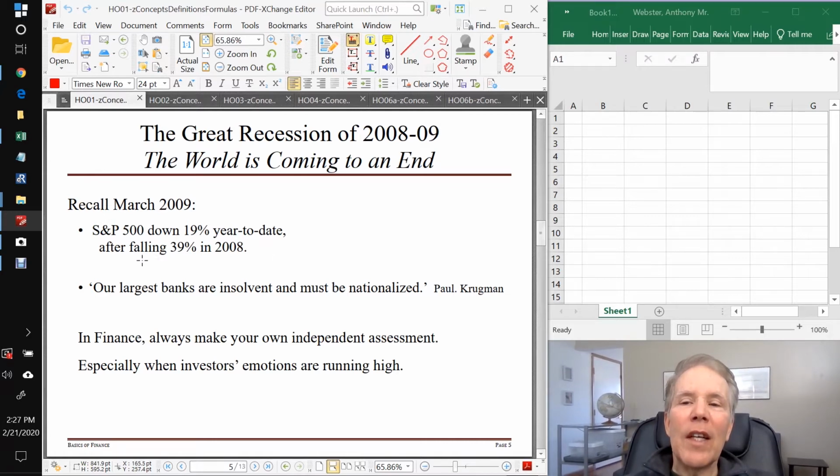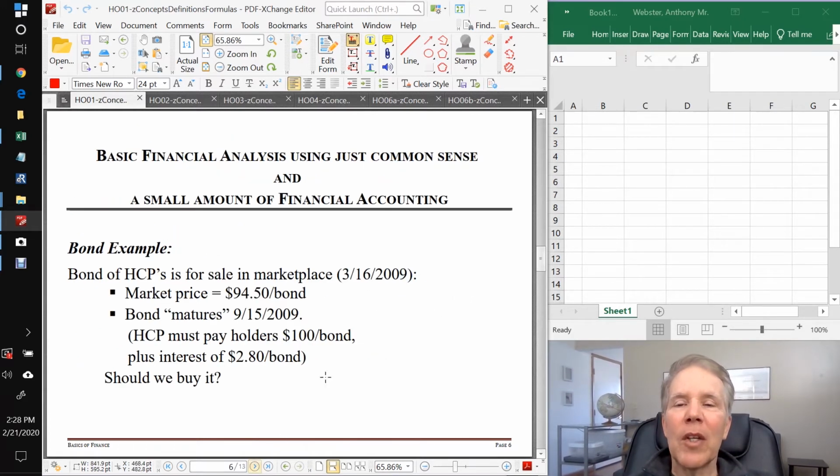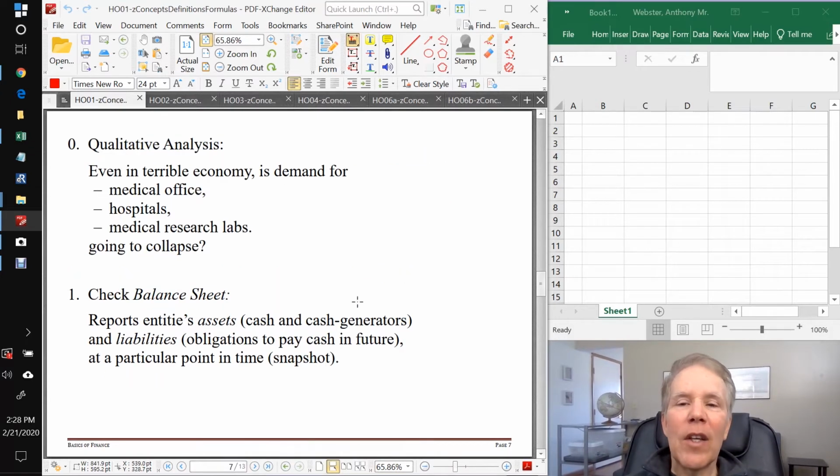In 2008, the stock market, represented by the S&P 500, fell about 40%, and then another 20% through the middle of March. There were all kinds of crazy things being said at that time by very smart people like Paul Krugman, etc.